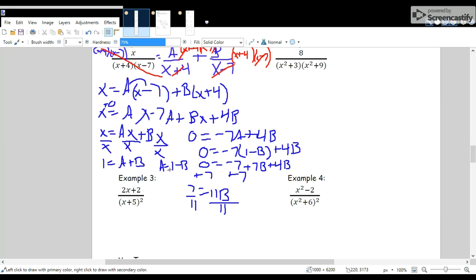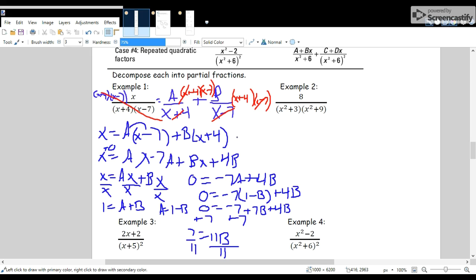And since a equals 1 minus b, 1 minus 7 elevenths would be 4 elevenths. So a would equal 4 elevenths, and b equals 7 elevenths. If you put those together as your decomposed fraction, it would look like this.